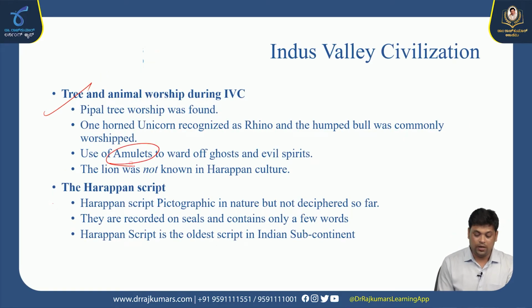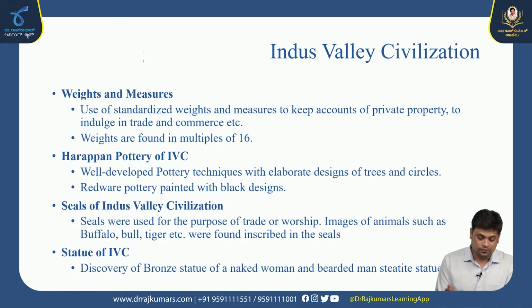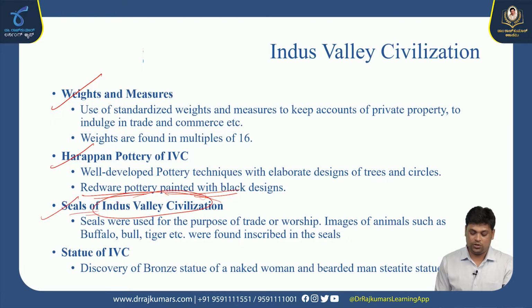They used amulets to ward off ghosts and evil spirits, which means Indus Valley civilization people believed in ghosts as well. The Harappan script, as I told you, is pictographic and not deciphered. Weights and measures we know the purpose of, and red ware pottery painted with black designs is available.